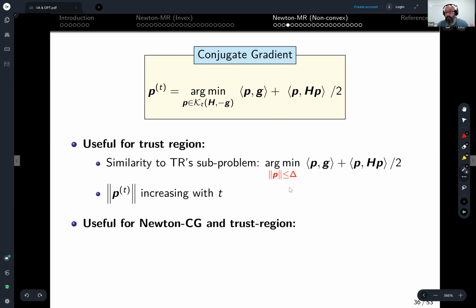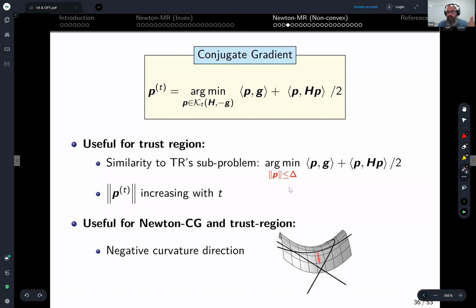But perhaps the most important reason CG is used is because it inherently allows you to detect a special type of direction, which we call negative curvature directions. Those are the directions that lie in the eigenspectrum of the Hessian corresponding to negative eigenvalues. It's very easy to come across those directions because of the way CG is written, which involves this quadratic term.